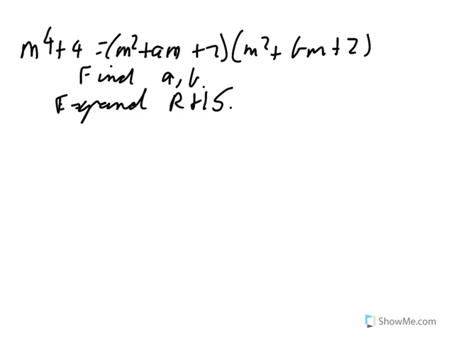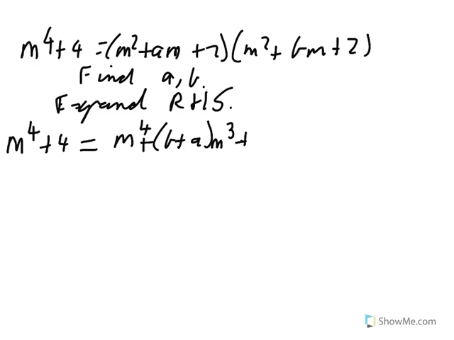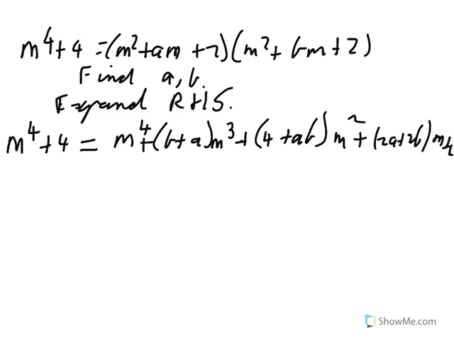When we do that, I won't go through all the steps, we find that it equals m to the 4 plus (b plus a) m cubed plus (4 plus ab) m squared plus (2a plus 2b) m plus 4, squeezing it in on the end.